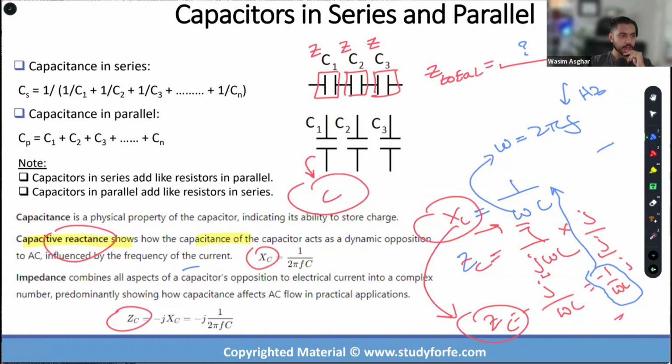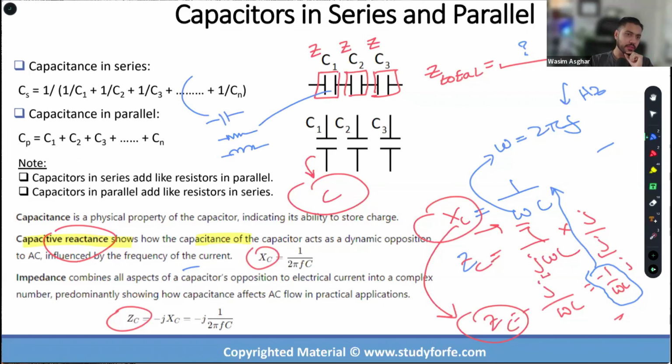Series? A lot of you are saying series. Parallel? You are selecting parallel. The correct answer is that impedance always, always, always adds up in series, regardless of whether you have a resistor here, an inductor here, or a capacitor here.